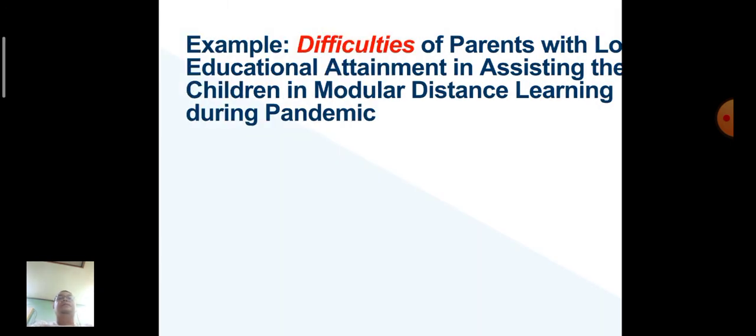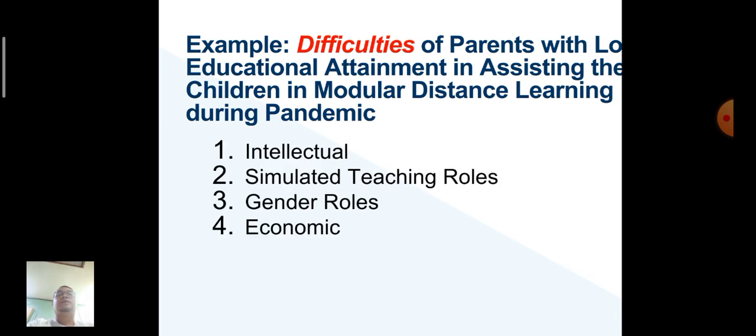Now, for example, let's talk about the difficulties of parents with low educational attainment in assisting their children in modular distance learning during the pandemic. We were able to categorize difficulties because that's the research question. What are the difficulties? They have four categories under difficulties.